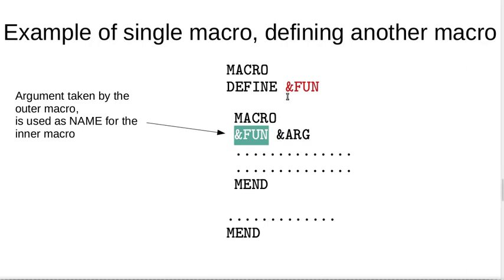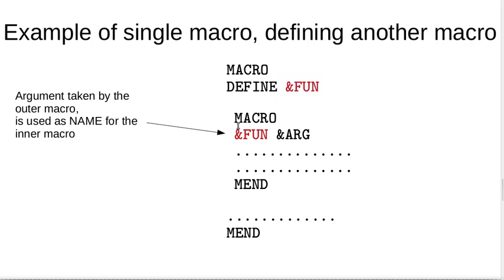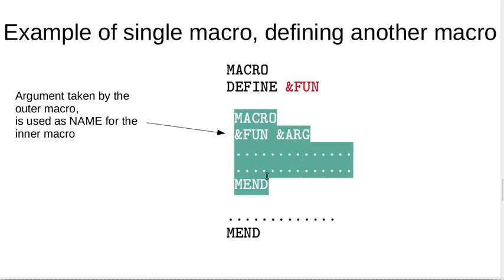Where will we get this name? We will get it when we are calling the outer macro. We will get a string value for ampersand fun when we call the outer macro. Fine.